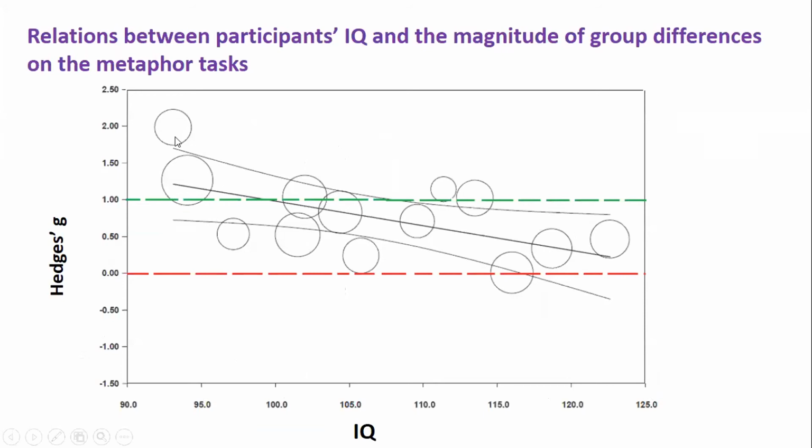There's a big difference between the autistic and non-autistic group, favoring the typically developing group. But if you look at higher ability participants with a verbal IQ of maybe 115 and above, then group differences basically disappear. So there's no real difference between their performance.